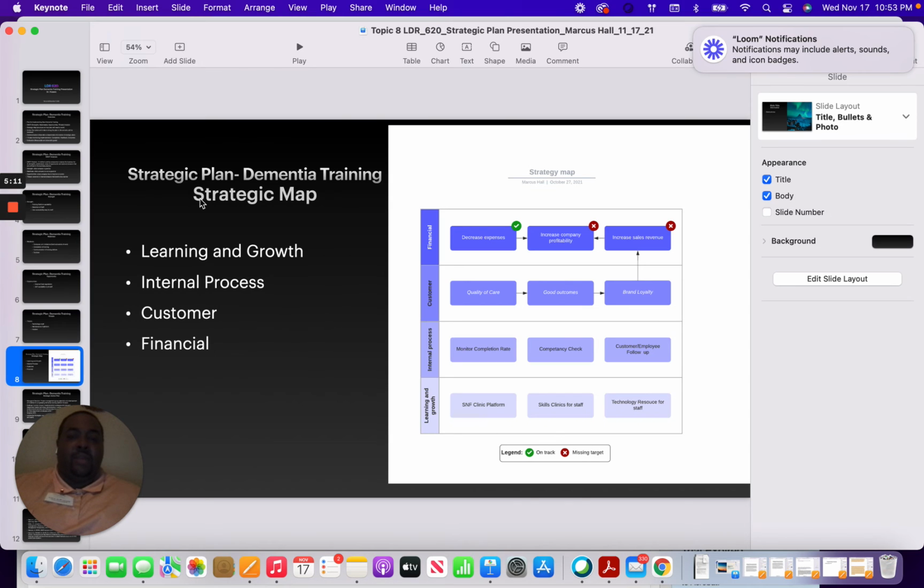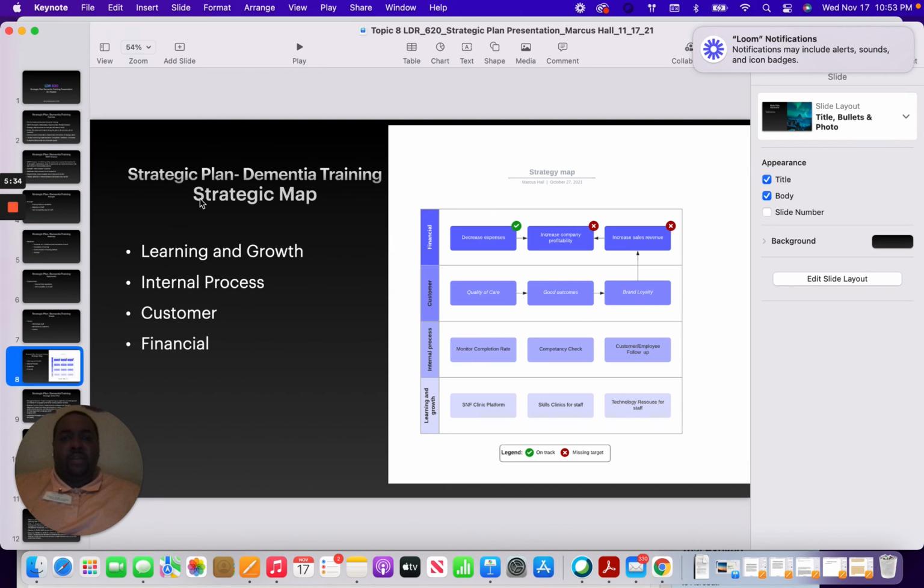You won't get a lot of sales or profitability financially, but it does enhance the customer quality of life, good outcomes, and brand loyalty for any staff members or anyone that is in representation of this particular facility.